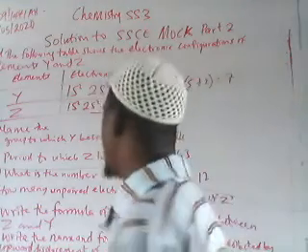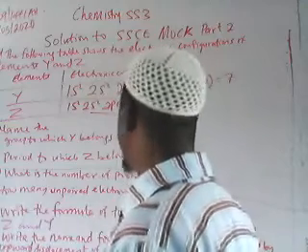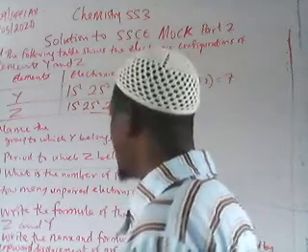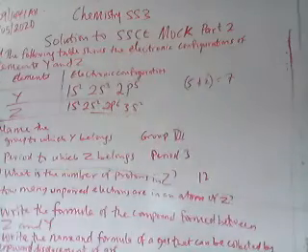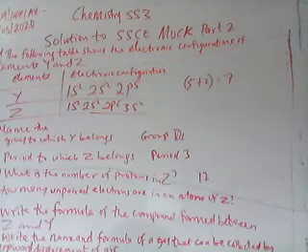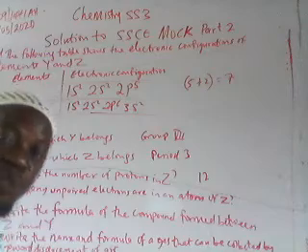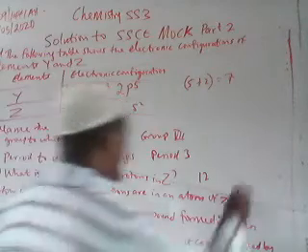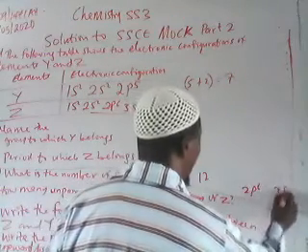Next question. How many unpaired electrons are in an atom of Z? So looking at Z, how do you determine the number of unpaired electrons? Just look at the last orbital that is filled, and the penultimate orbital, that is the orbital just before the last. Now we have the 2p6 and we have 3s2.